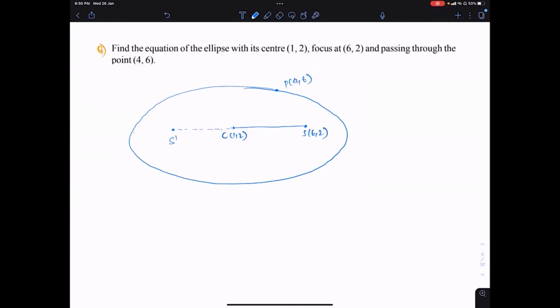So simple here, what do you need to do? You need to find A and B for the ellipse, and the center is (alpha, beta). For a horizontal ellipse, meaning it is more stretched in the horizontal direction, the equation will be (x minus alpha) whole square by a square plus (y minus beta) whole square by b square equals 1.